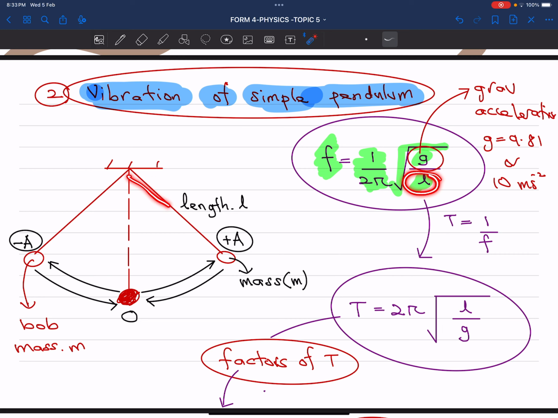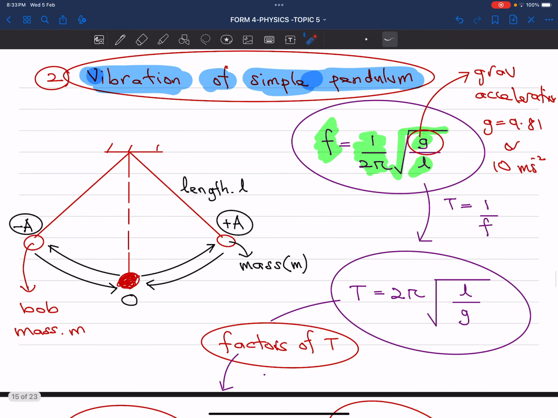the length. Now we know from the previous lesson that period is 1 over frequency. So from the formula of frequency, if I invert it, I can get the formula of period.